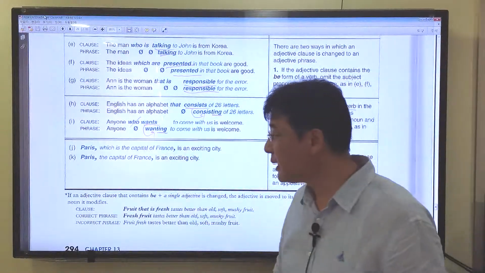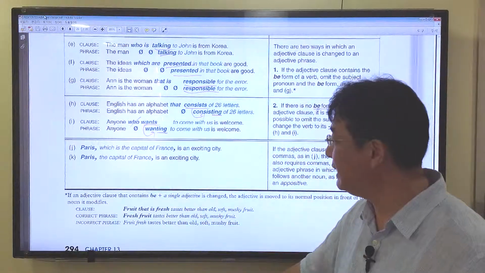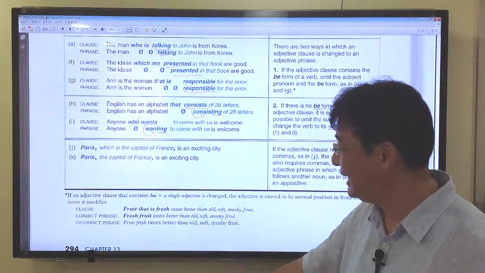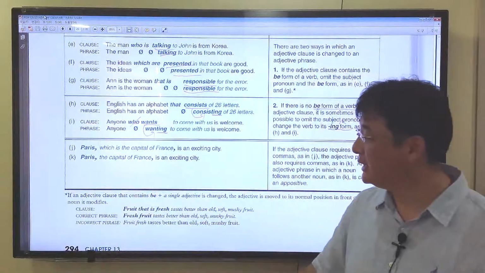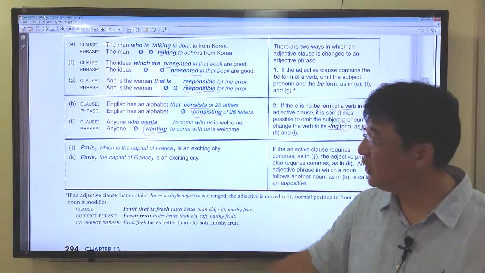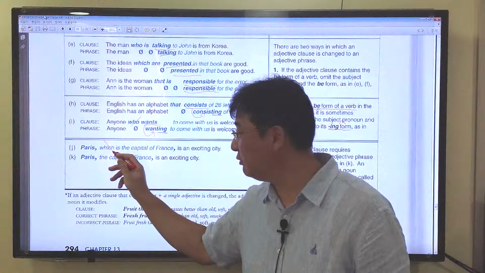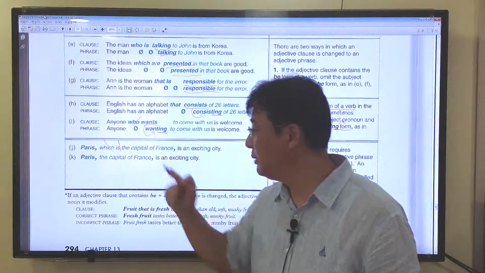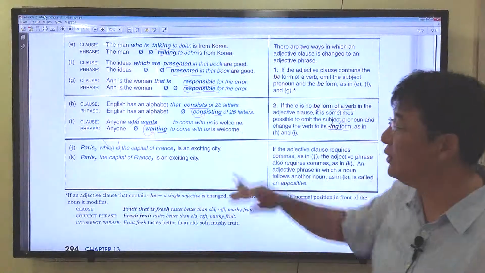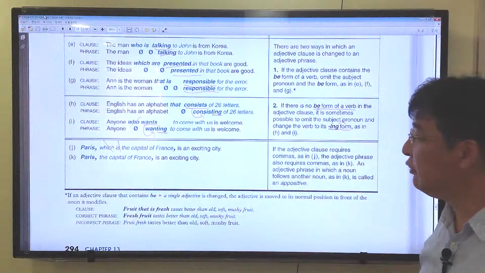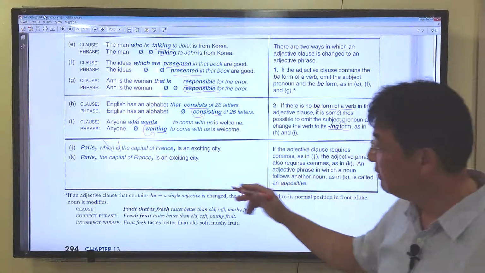아시겠죠? 자, next case. Paris, which is the capital of France, is an exciting city. 자, 어떻게 됩니까? Paris, the capital of France, is an exciting city. 이건 어떻게 줄인 겁니까? 당연히 주격 관계대명사 날라갔고 그 다음에 뭐 날라갔습니까? be동사까지 날라갔죠. 그죠? So it can be similar to this. 그죠? However, what is the difference? 자, 보겠습니다. If the adjective clause requires commas, 뭡니까?